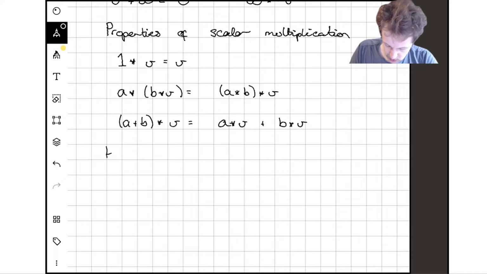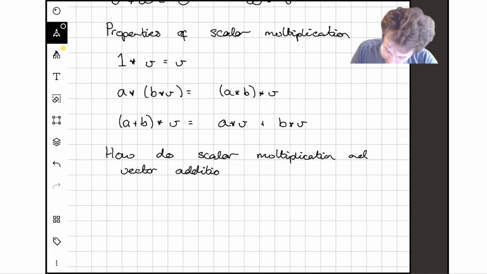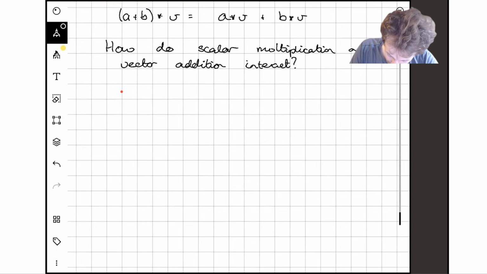Finally, we need to talk about how scalar multiplication and vector addition interact. This means we need the following really important property.